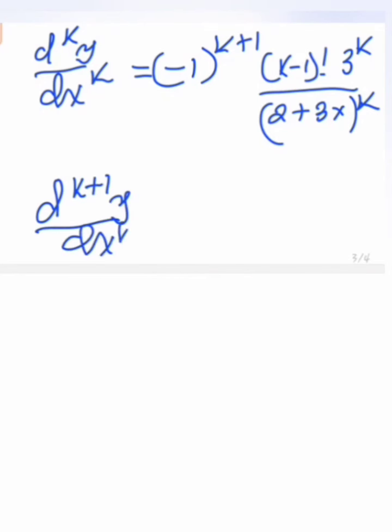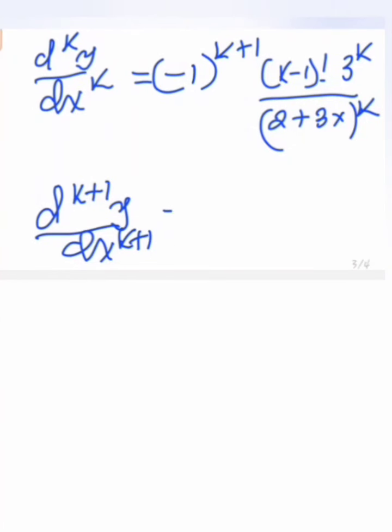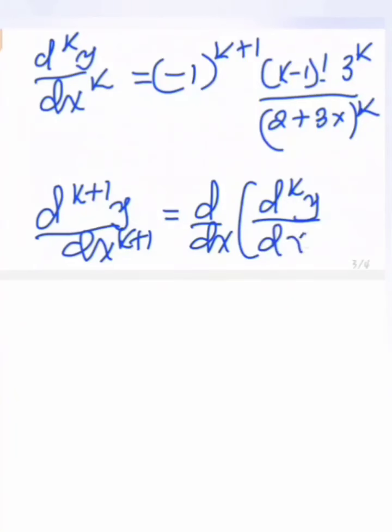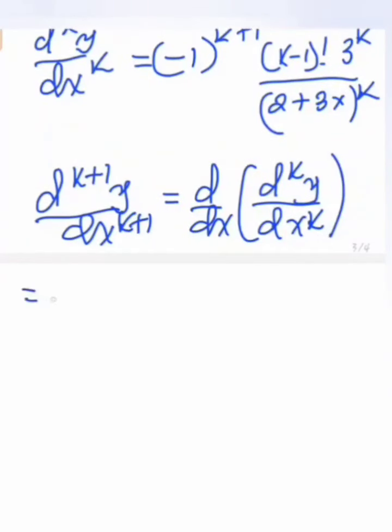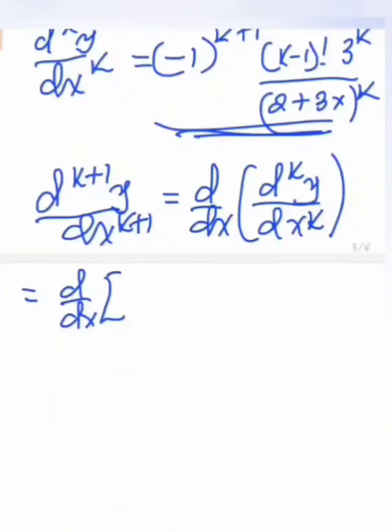all over dx to the k plus 1 would be obtained by differentiating with respect to x the formula for the case where the degree of the derivative is k. So this will be equal to d over dx of, I'll write this statement in the form that we can easily differentiate with respect to x.